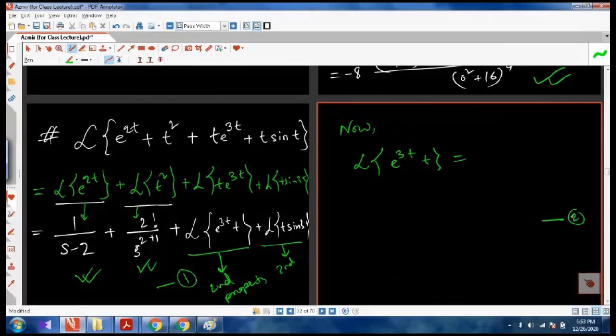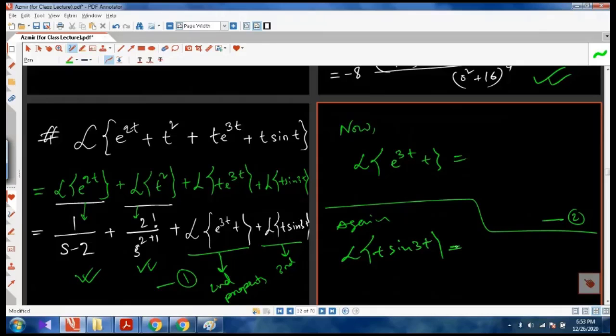Let's say the result is written with equation 2. And again, the Laplace transformation of t sine 3t can be solved by using the third property. Here t power n, t power 1, so the value of n is 1. So the result can be numbered with equation 3.